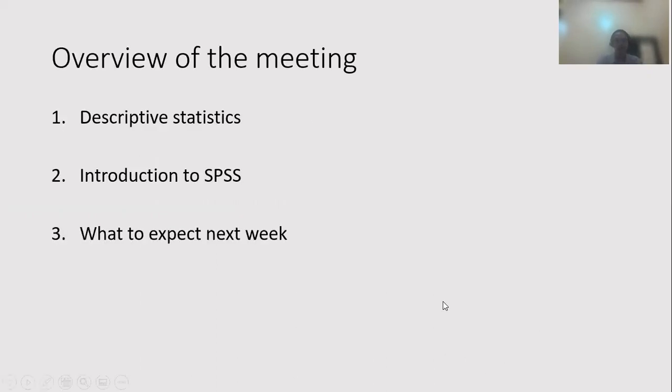So the overview of the meeting is descriptive statistics, which is part 1. Part 2, next week, we will be talking about mean, variance, median, etc. But today we will be talking about frequency, percentage, and relative frequency. We will be talking about how to determine a class width interval and so on.